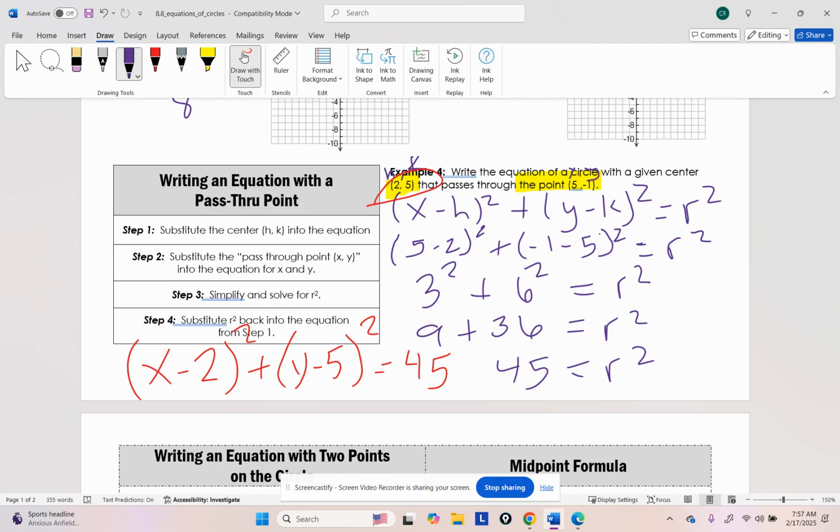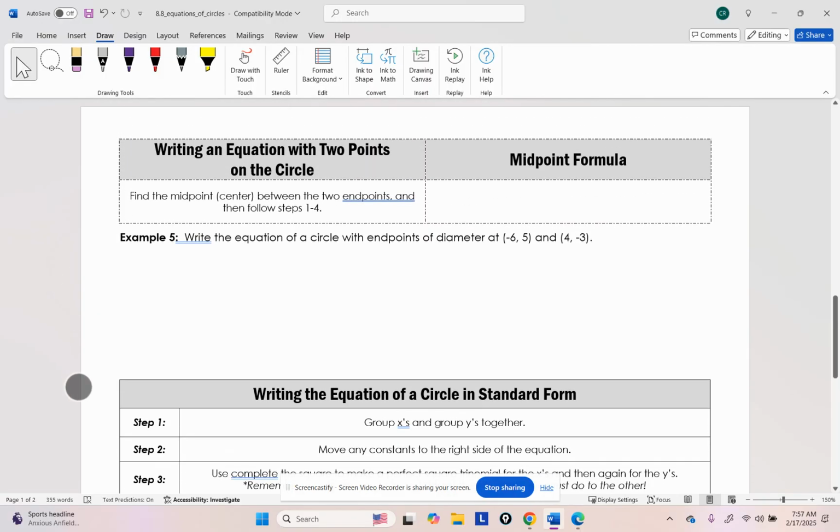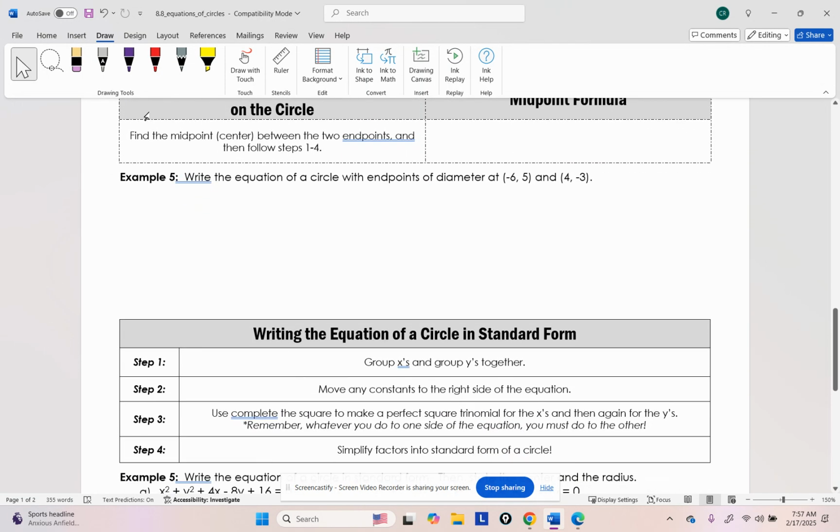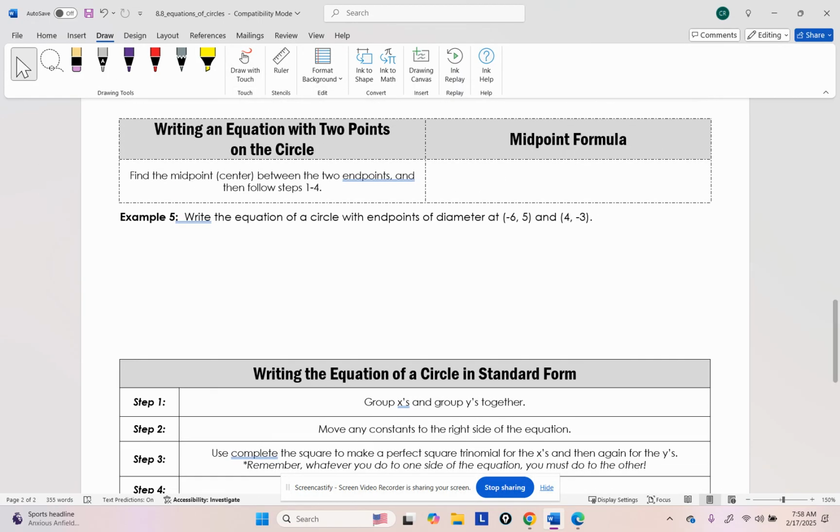Okay? Now, going to the midpoint. Oops, sorry. Going to the midpoint of it, the midpoint formula for your x is always going to be x2 plus x1 over 2.